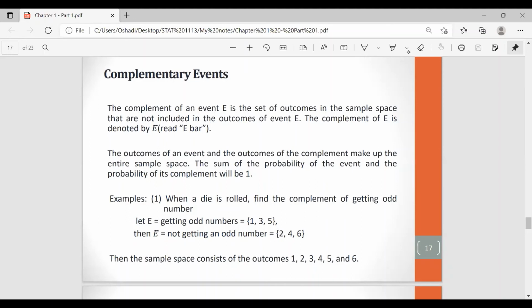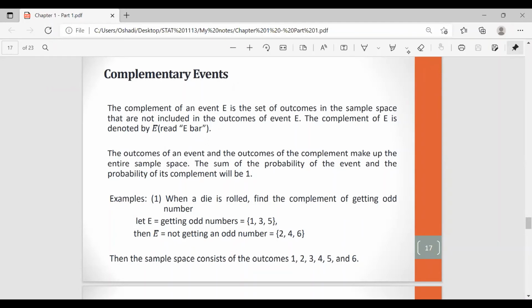So when a die is rolled, find the complement of getting an odd number. The event is getting an odd number, right? We have 3 possibilities: 1, 3, and 5. So the complement is not getting an odd number. Not getting an odd number means we have another 3 possibilities: 2, 4, and 6.